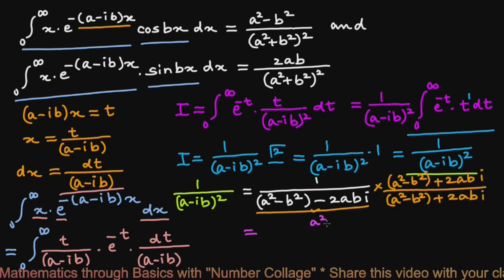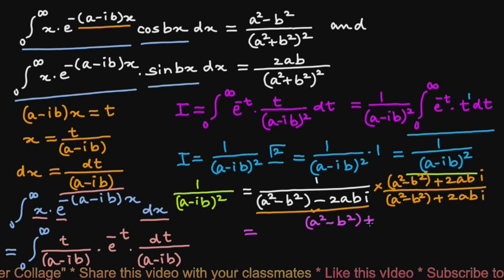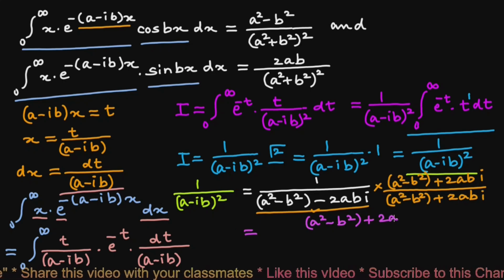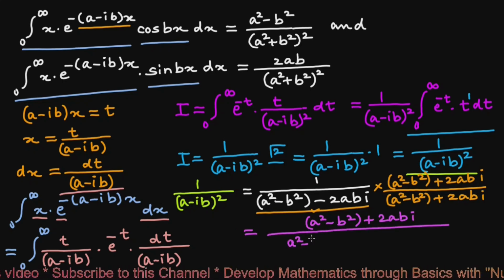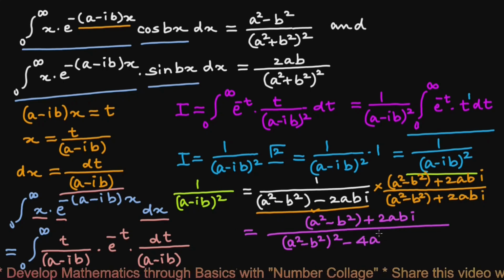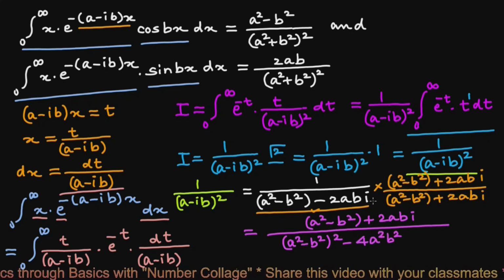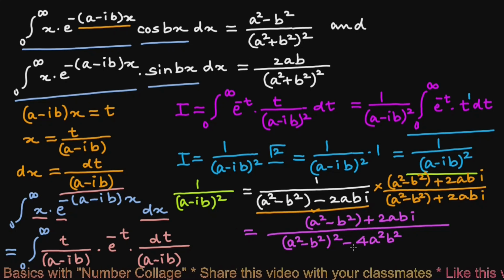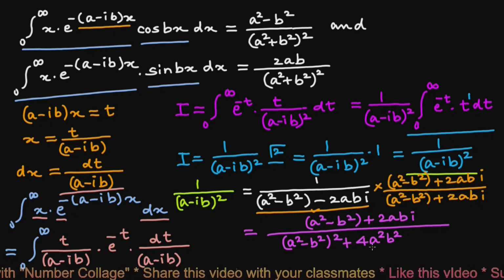This will be a square minus b square plus 2abi upon (a square minus b square) whole square minus 4a square b square, and because of this i square, which is minus 1, this minus will become plus.